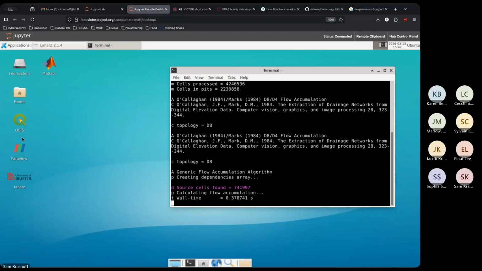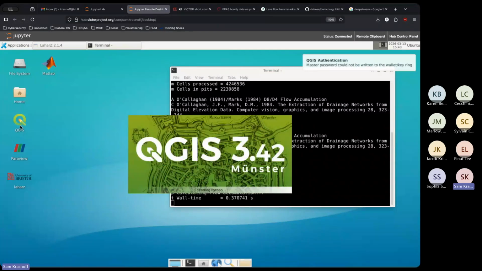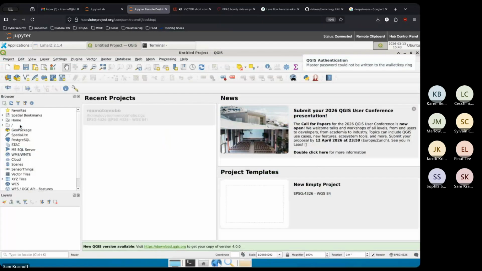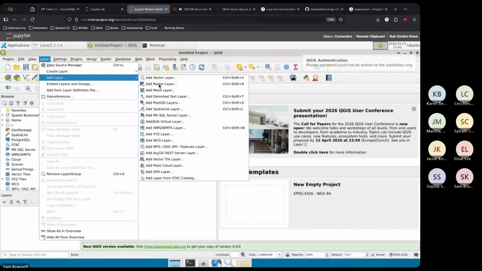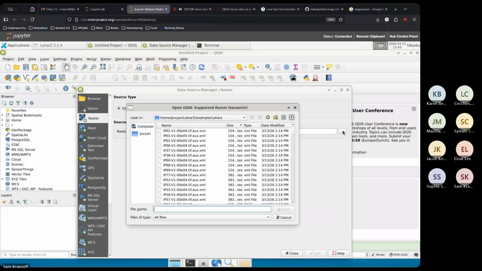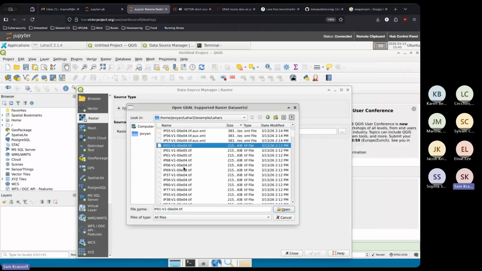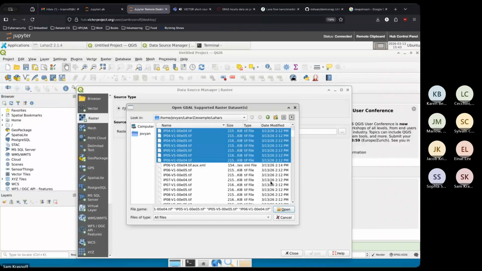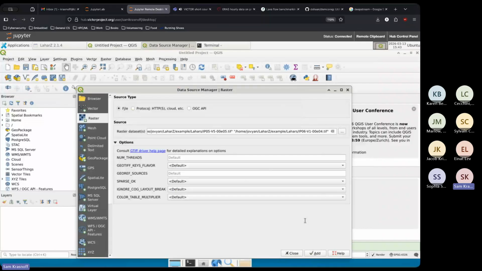Let me open QGIS just as an example. Let me just open a couple of these for an example real quick.